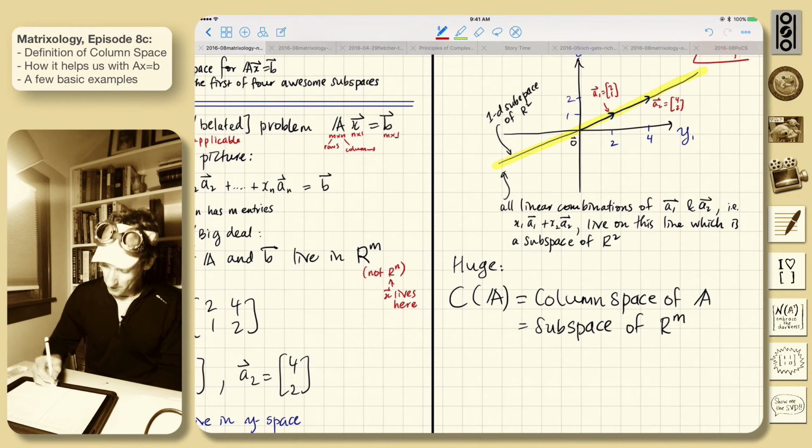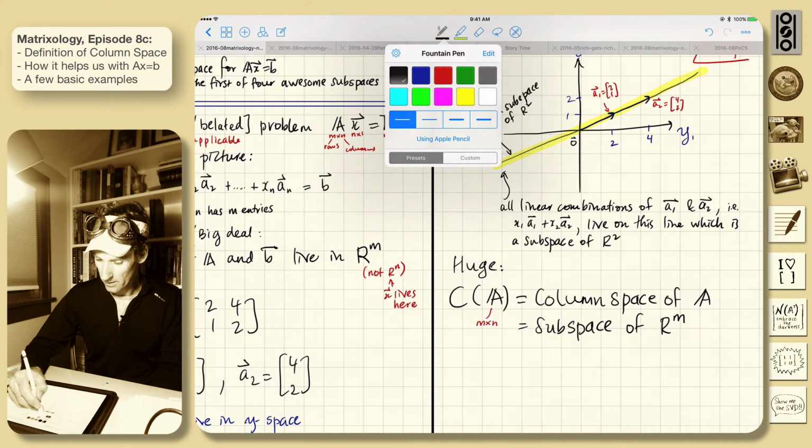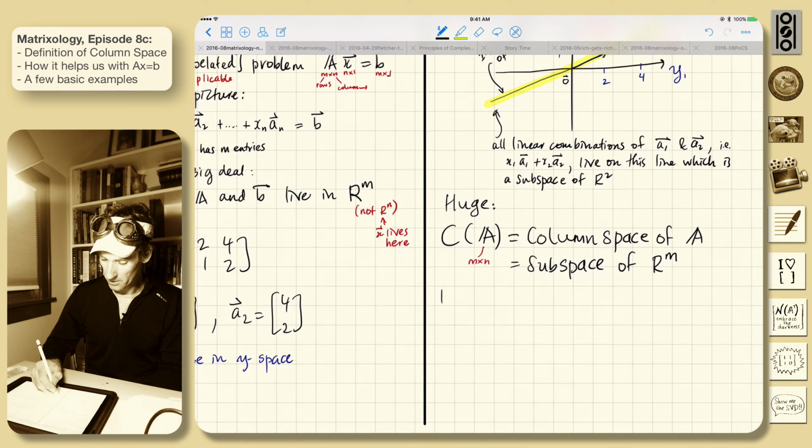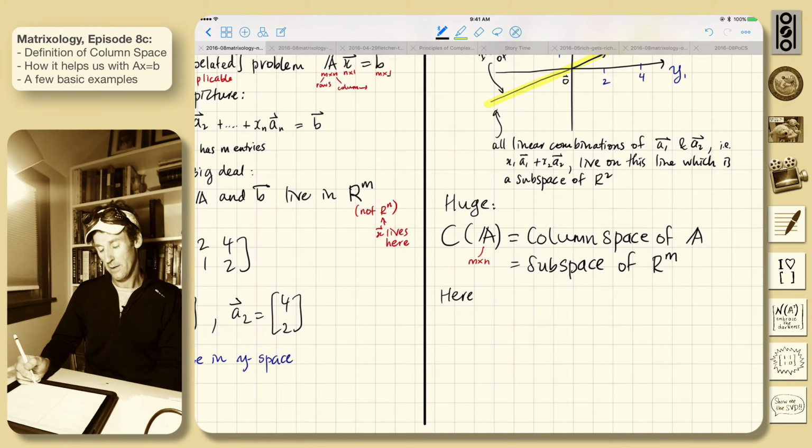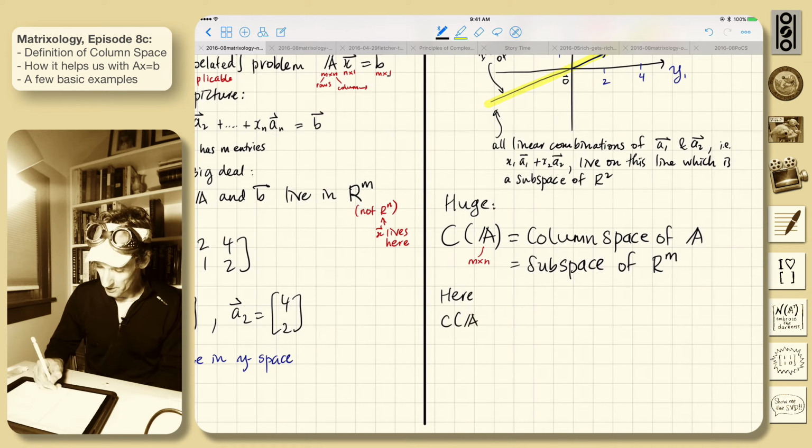And let's denote this again. This is an m by n matrix. And so here in this example, we'll say, the column space of A.